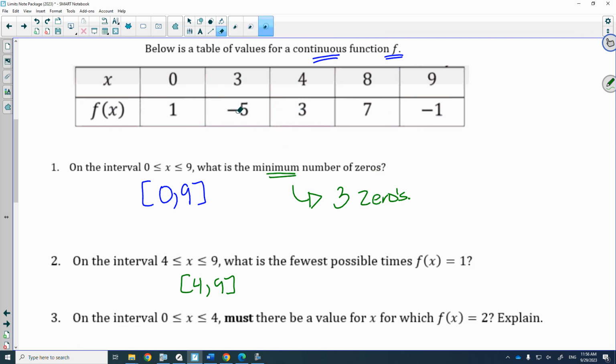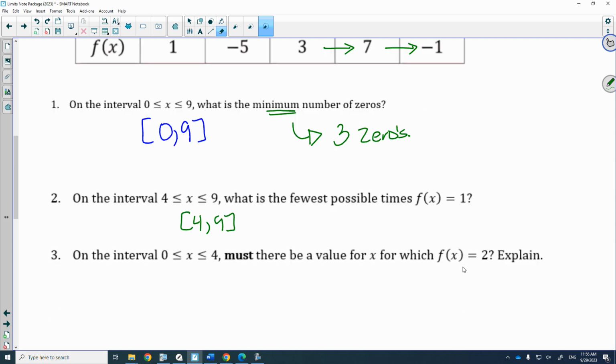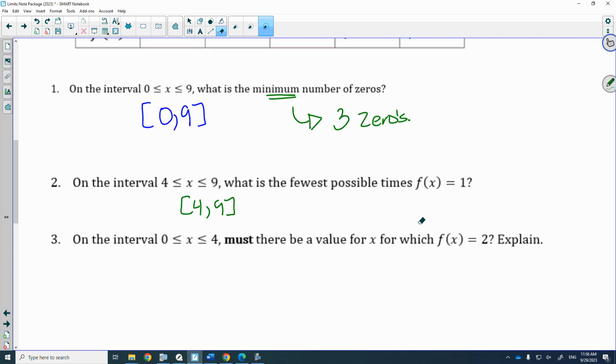If we're going from y values of 3 to 7, are we going to have a y value of 1? No. As we go from a y value of 7 to a y value of -1, are we going to have at least a y value of 1? Yes. So the answer for this one is once. Fewest possible, one time.